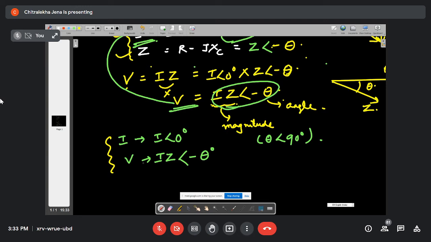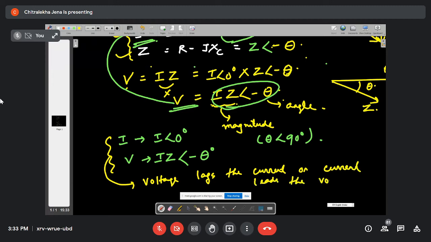Voltage lags current. Very good. Who answered? Vaishnavi. Very good. Voltage lags the current by an angle of how much degree? Theta. Or the current leads the voltage by an angle of how much degree?